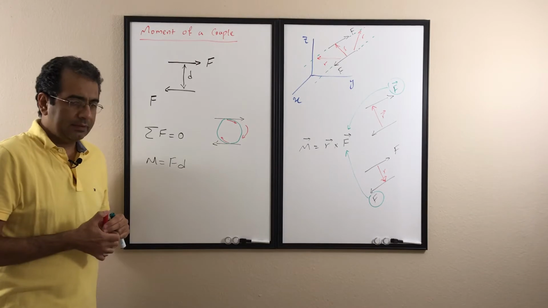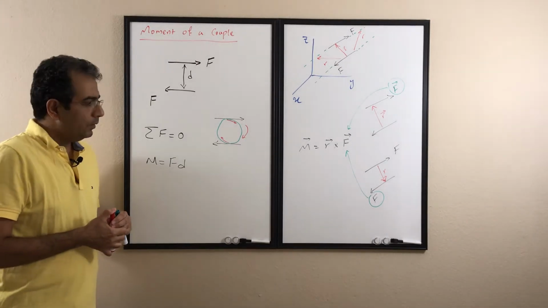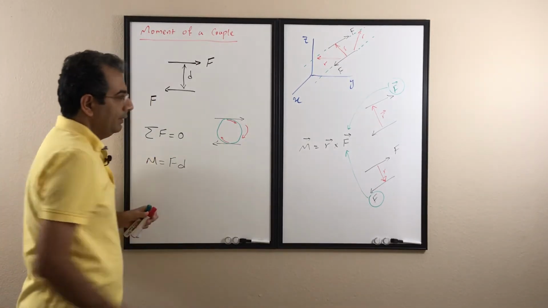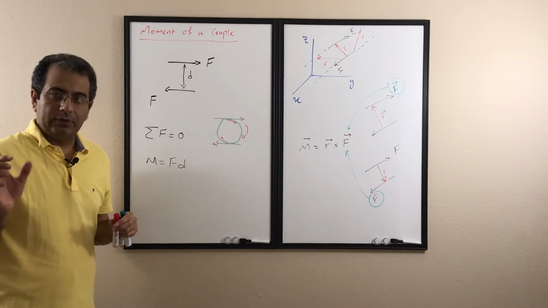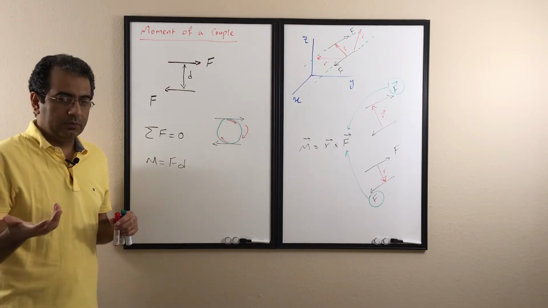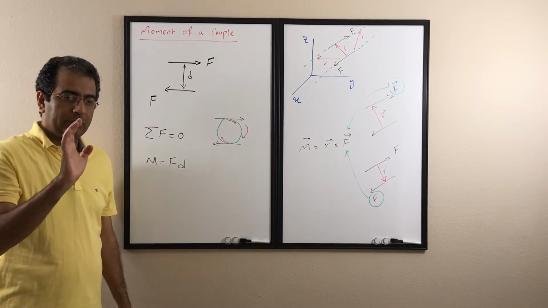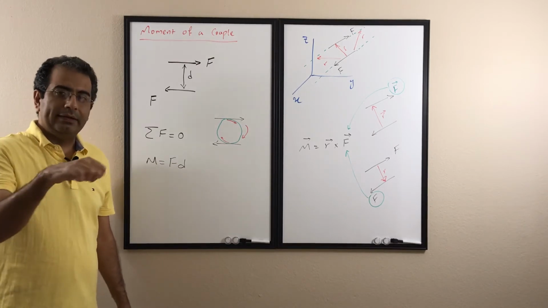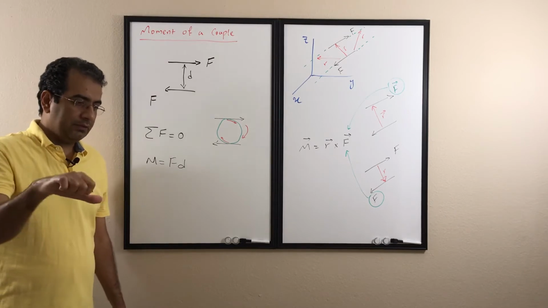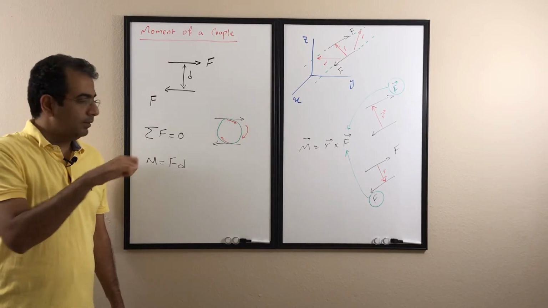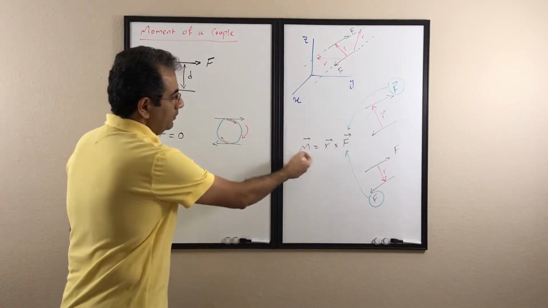In 3D format, when we want to define the direction of the M, we always use the right hand rule. Your forefinger shows the direction of the rotation: put your forefinger in the direction of rotation, and then your thumb shows the direction of the moment vector.